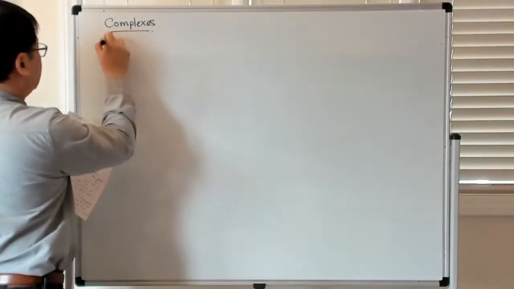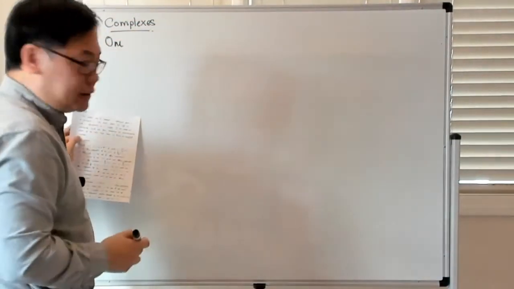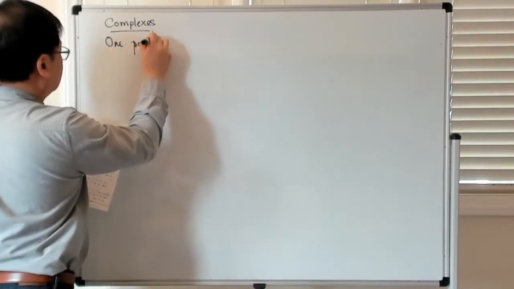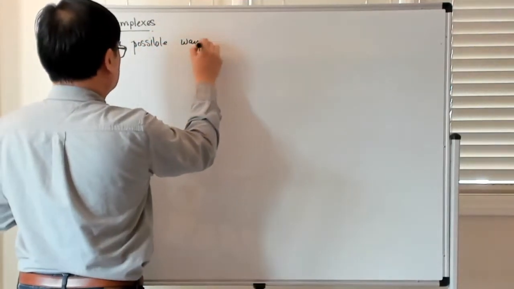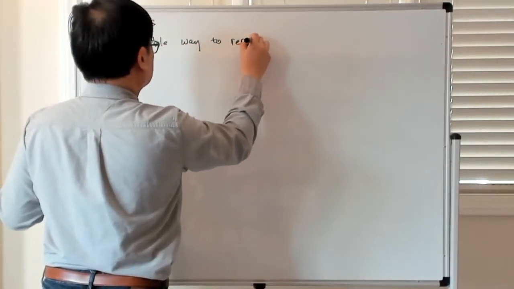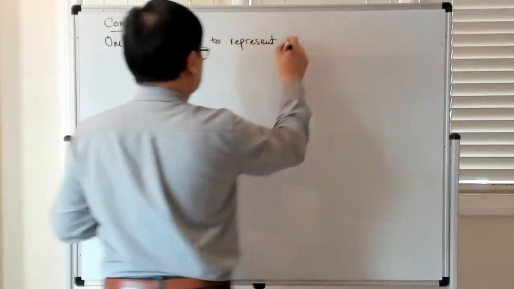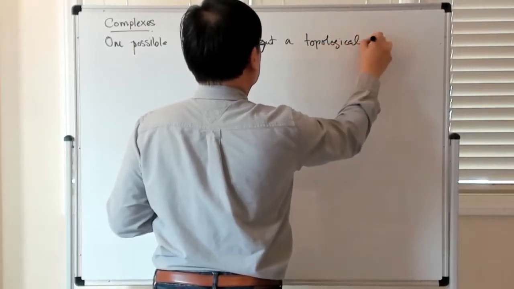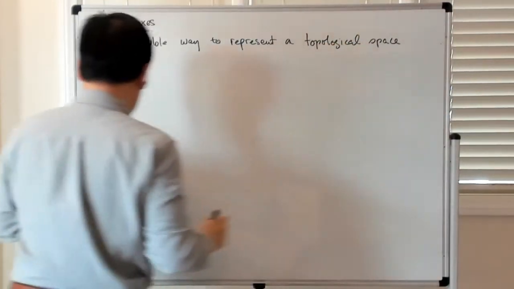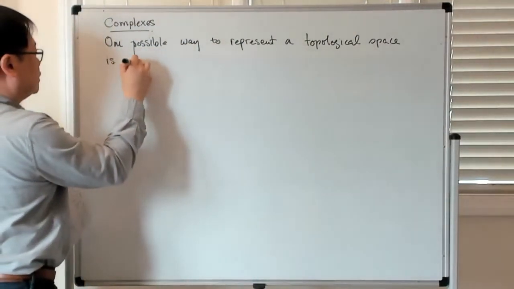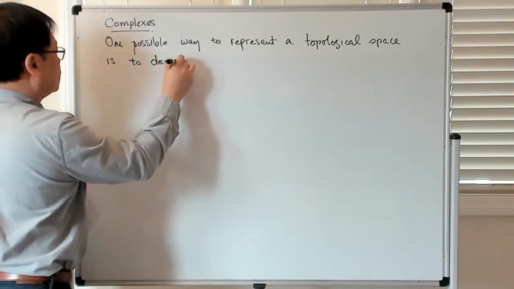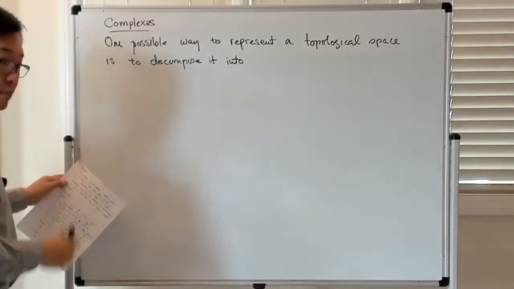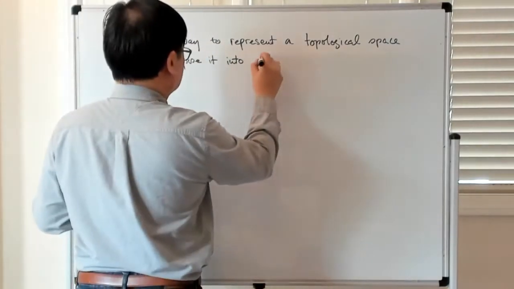Okay, so one way, again, there are of course many ways to represent a topological space, but one possible way to represent a topological space is to decompose it into sort of simpler pieces in some sense, or simple pieces.